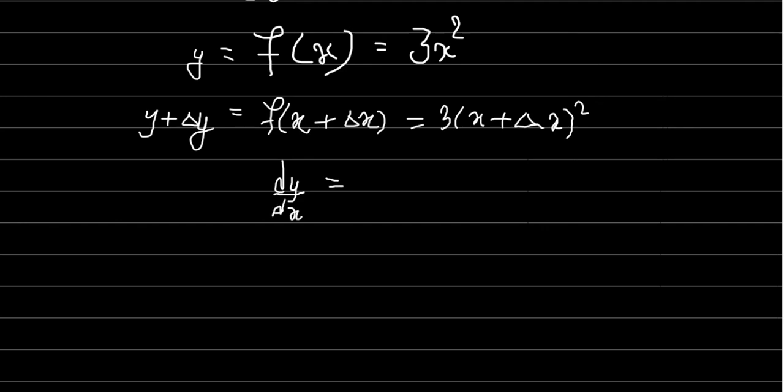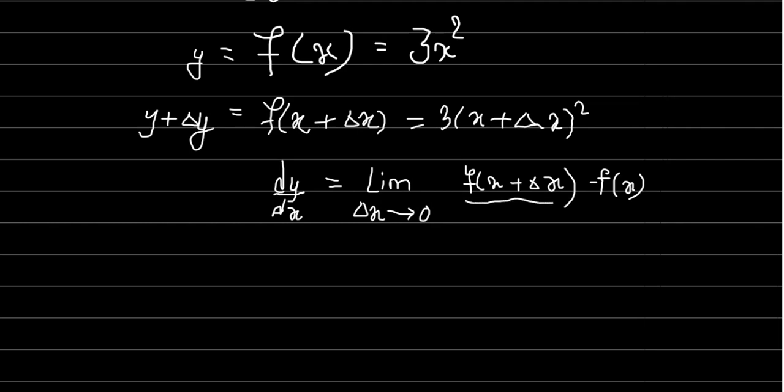Applying the formula or definition, dy over dx equals limit del x tends to 0 of f of x plus del x minus fx, whole divided by del x.